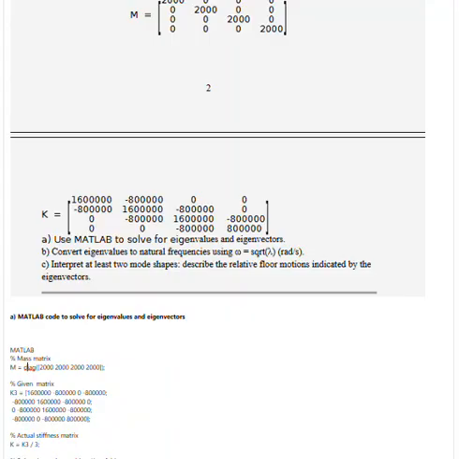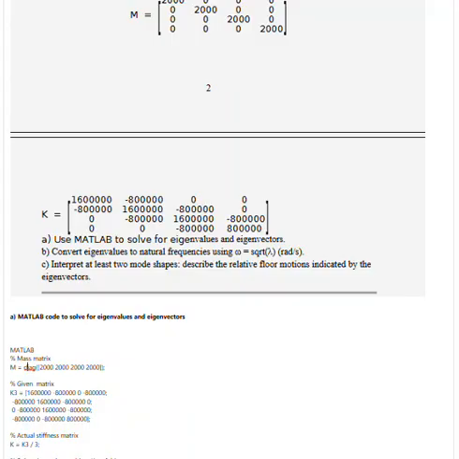So we're defining the part that revolves around building the actual stiffness matrix as detailed here in K. Important notes for students here would be the off-diagonal terms, the ones outside the diagonal, represent the connections between the floors.